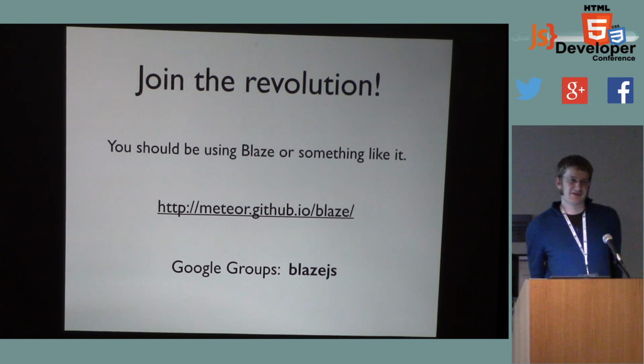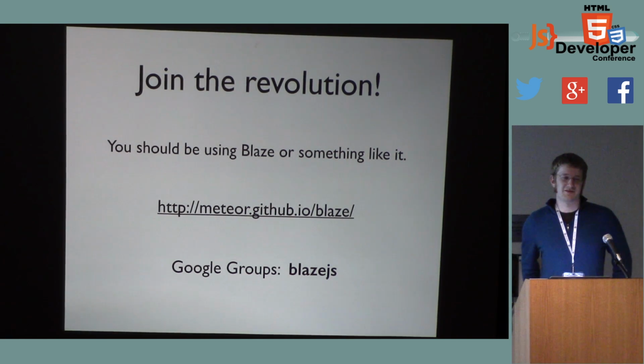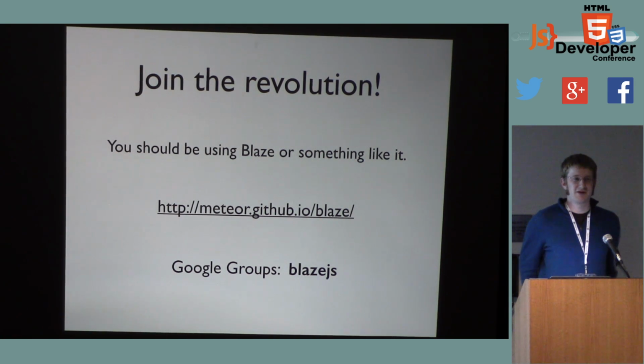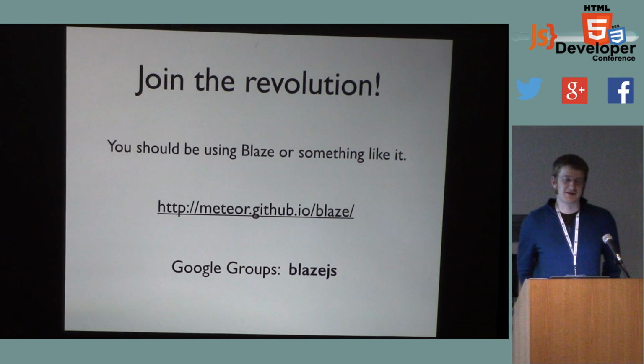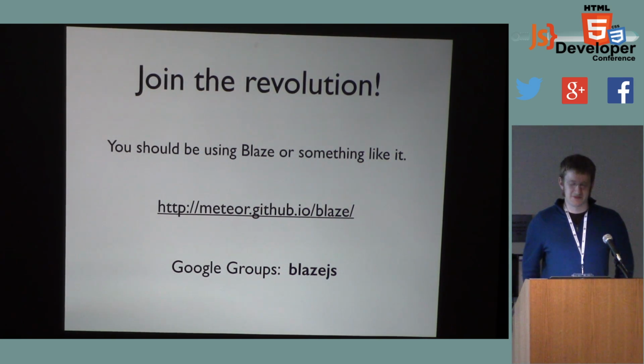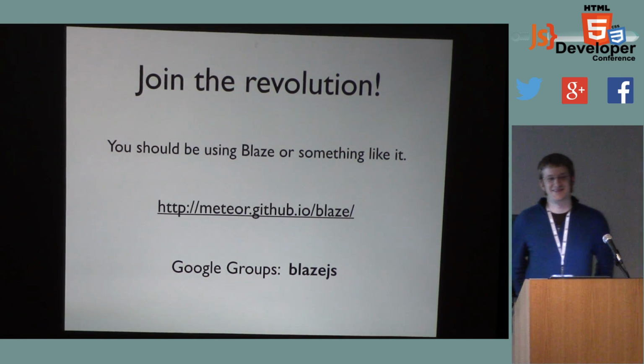You can try Blaze by just trying out Meteor, and if the Meteor backend stuff doesn't work for you, you can just take your Blaze templates and use them with your own backend, or you can just try using Blaze.js. If you want to learn more, if you want to get announcements as we develop this, definitely join our Google group, which is just called Blaze.js. Thank you.